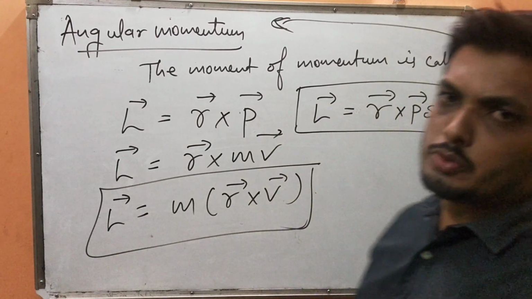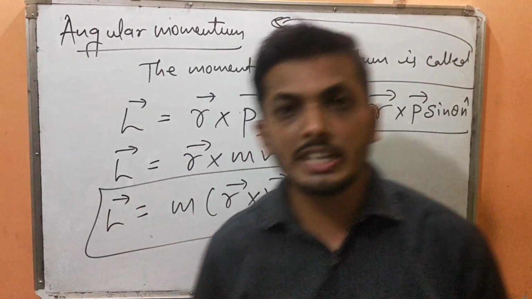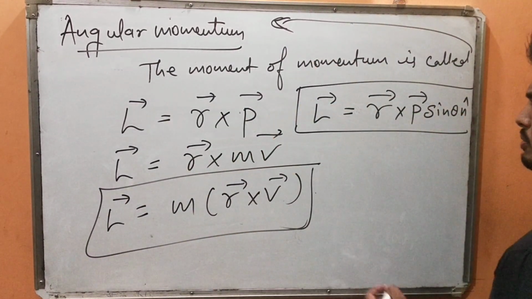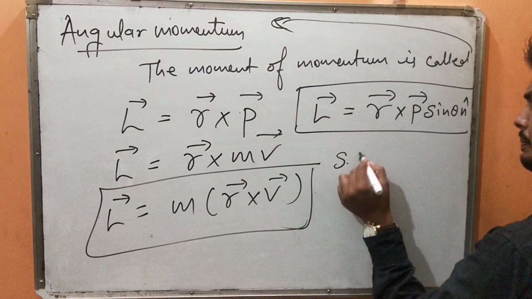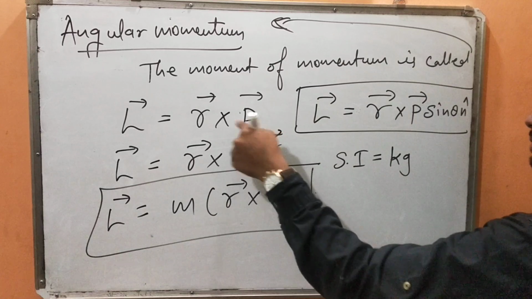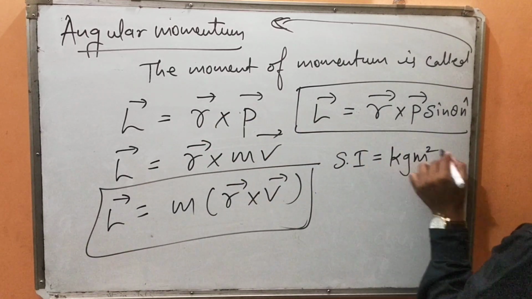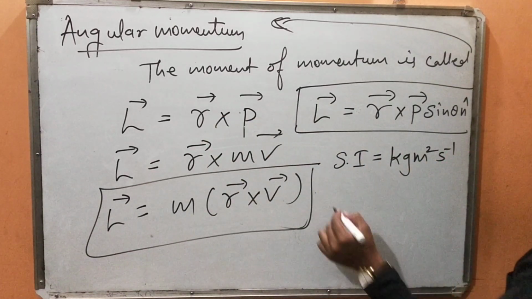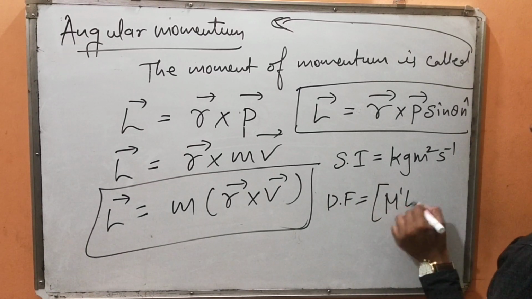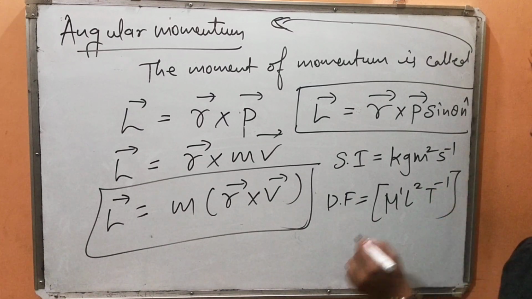Now there is a very big concept of conservation of angular momentum that we are going to study in the next class. What is the SI unit of angular momentum? Momentum is kilogram meter per second, and this times meter will be kilogram meter square per second. The dimensional formula will be M1 L2 T minus 1.